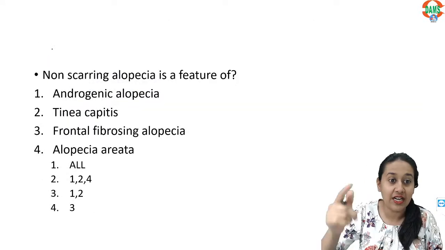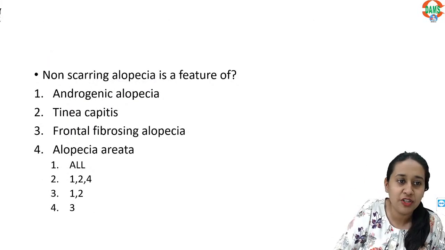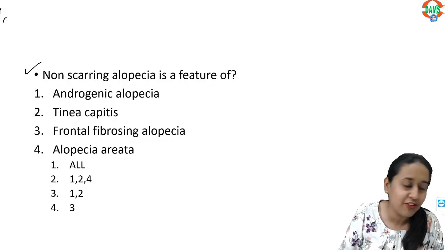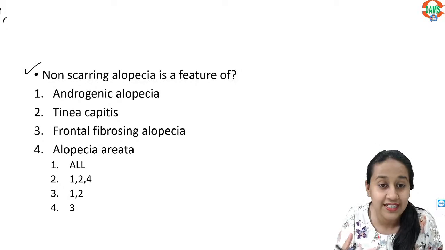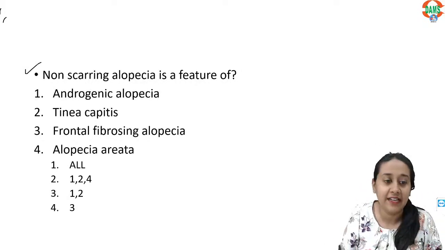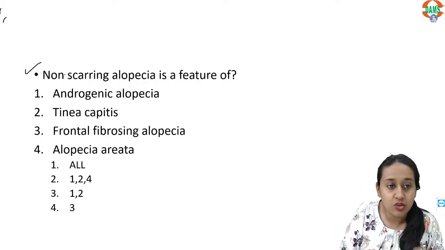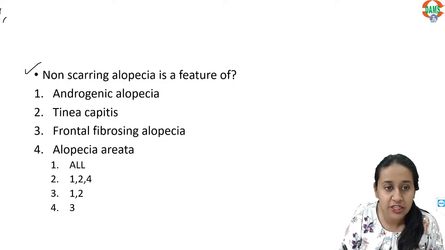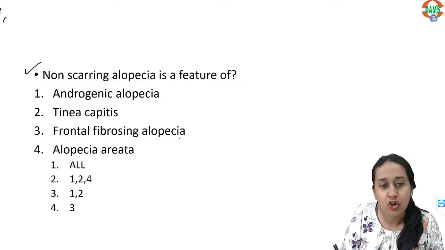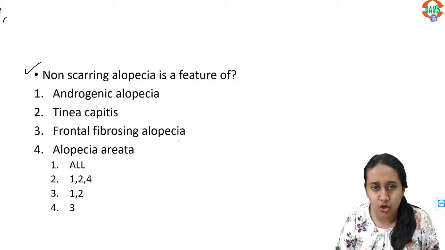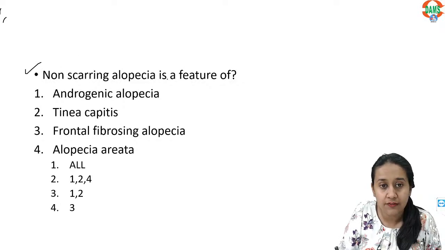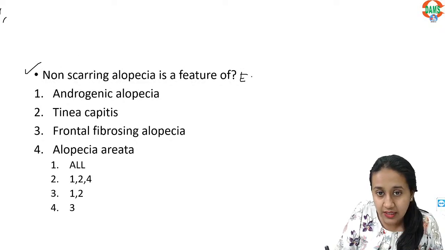Coming to the next question, again, non-scarring alopecia. How many of you agree with me that this is again a repeat of INICET last December, the 2022 INICET? Direct repeats we are getting. The question is, non-scarring alopecia is a feature of androgenic alopecia, tinea capitis, frontal fibrosing alopecia or alopecia areata. Now, I'm not very sure whether they have asked all of the following, I think there was an except which was given here.